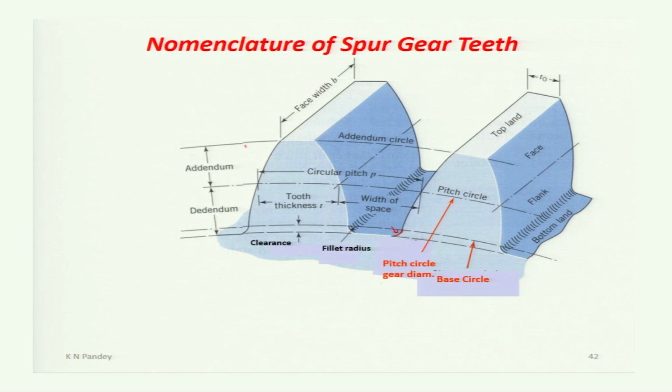Now, the height of the gear tooth above the pitch circle is called the addendum. So this is the circle passing through the outer part of the spur gear, and this is your pitch circle. So the height of the gear tooth between the pitch circle and the outside circle, which is called the addendum circle, is called the addendum.